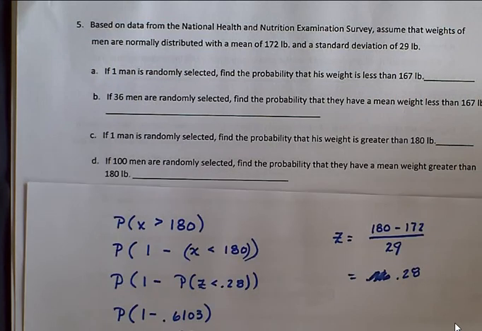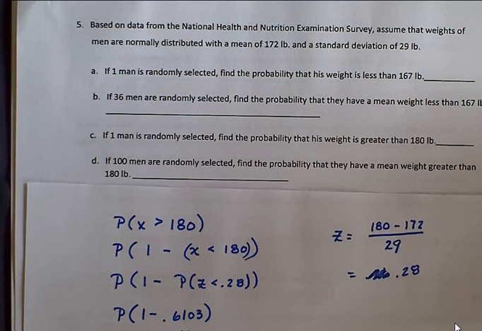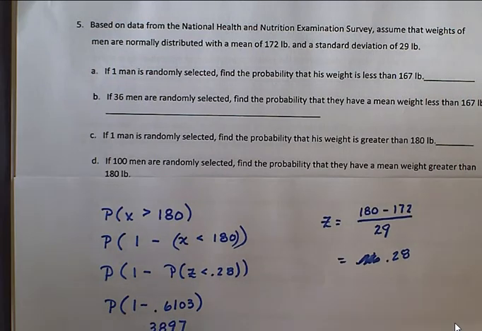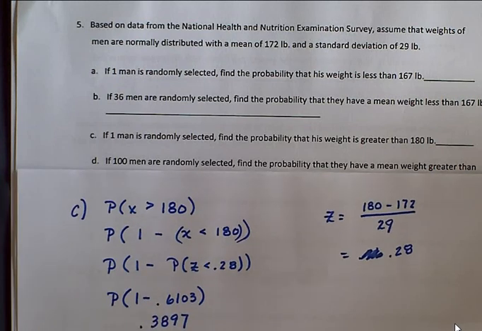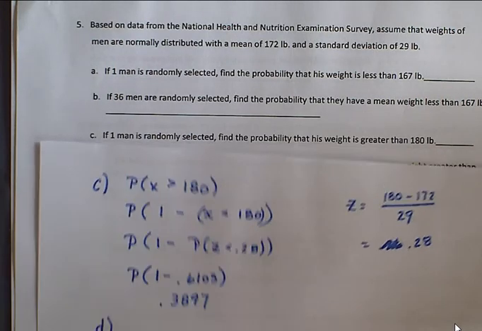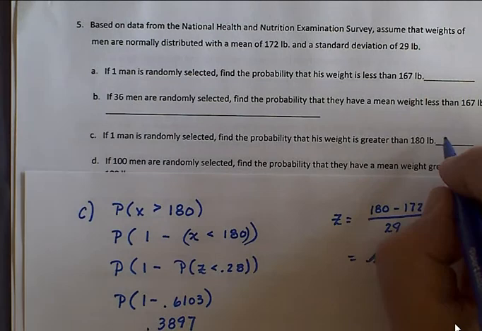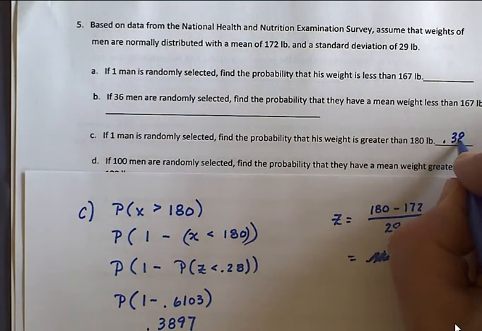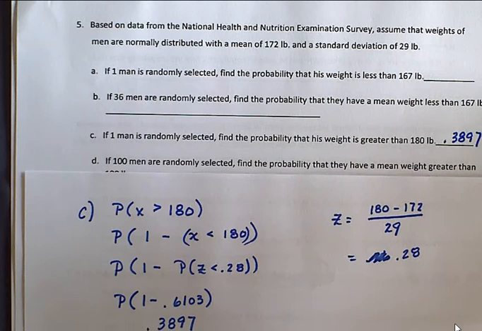Oh, wait a minute. Sorry, that's going to be the answer to part C. What I forgot to do is figure in that this group has 100 men. So let's go ahead and do that. That's part C, 0.3897.